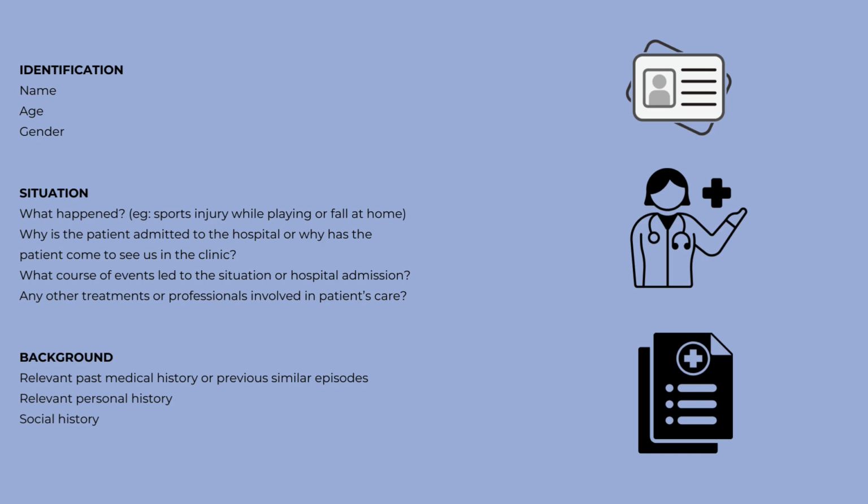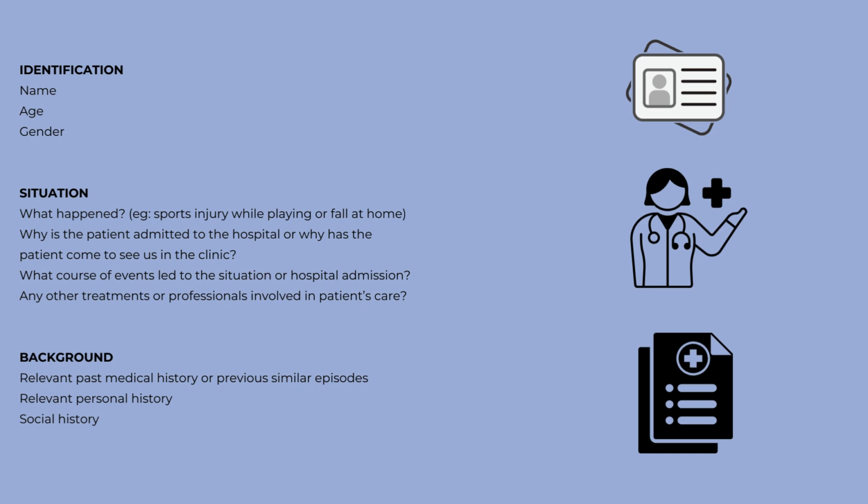What we need to understand is what happened, what led to the patient coming to see you in the first place. Now, when I say that, I mean whether the patient has come to see you directly in your physiotherapy clinic, or the patient went to the GP and then he has been referred, or the patient was in so much pain and trouble that he had to go to the emergency department, and from there he has been referred after discharge.